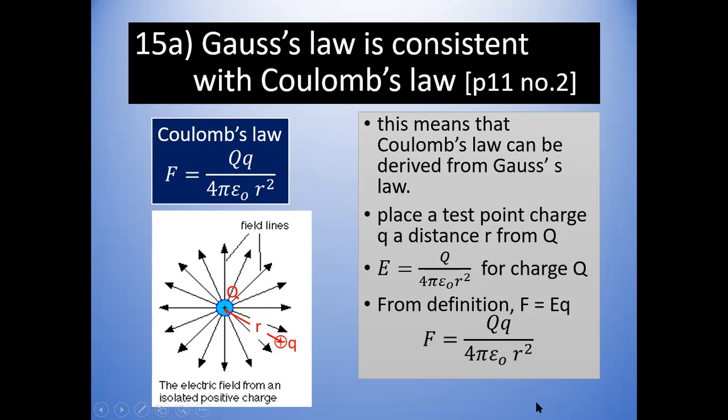Oh, so you just substitute. Yeah, just substitute, that's all. Applying Gauss's law. First thing, I have a fixed charge Q. There's electric field strength at distance r away. So to find Coulomb's law, I have to put another charge there.